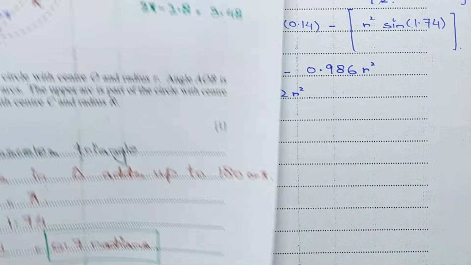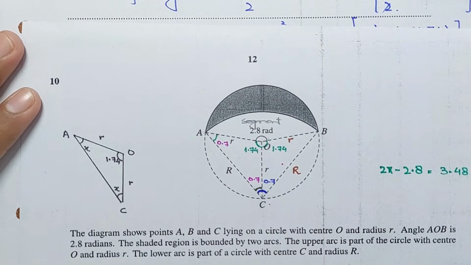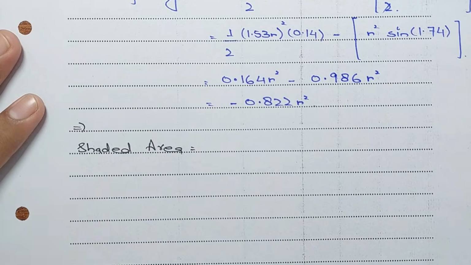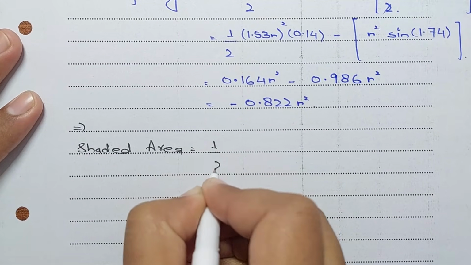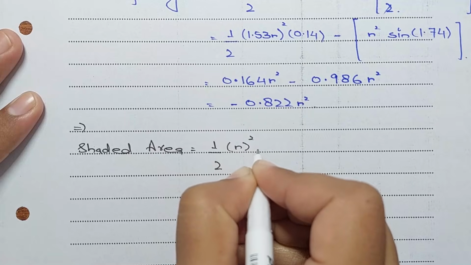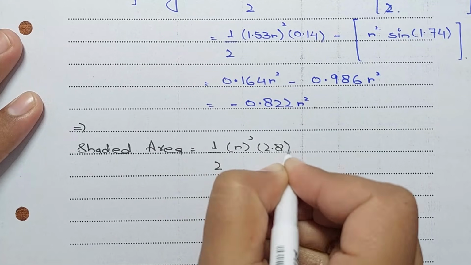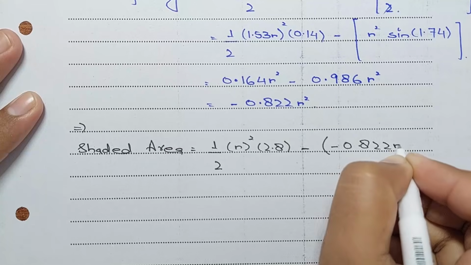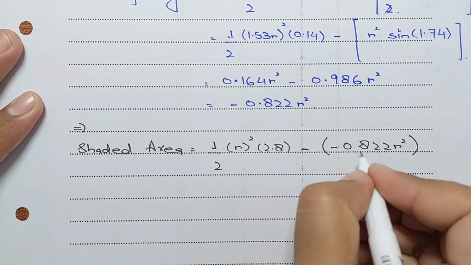So what is this sector? Area of a sector AOB, half radius square and theta is 2.8. Area of a sector is half radius is r square and theta is 2.8 minus the segment area is negative 0.822 r square. This is a segment area.